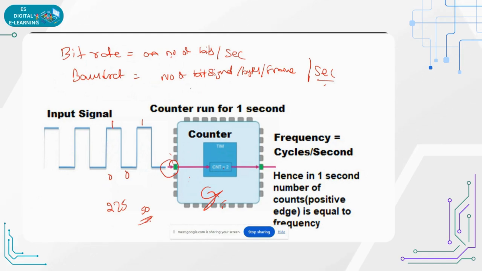That is the baud rate. Coming to frequency, frequency is the number of cycles per second. You know one rising and one falling is a cycle, so frequency is the number of cycles per second.